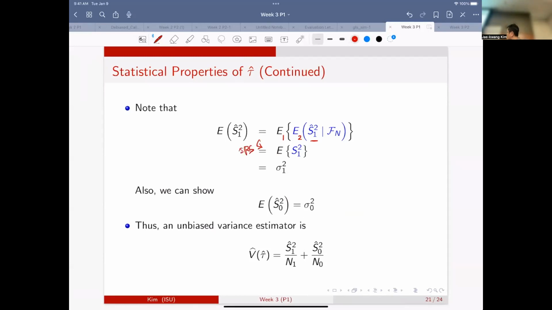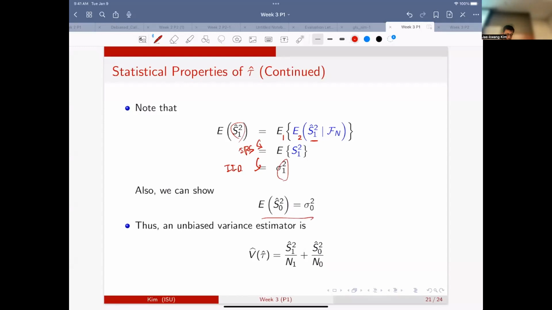And then under the IID realization, the sample variance is unbiased for sigma square. So that means S1 hat square is an unbiased estimator for sigma 1 square. Similarly, S0 hat square is unbiased for sigma 0 square.